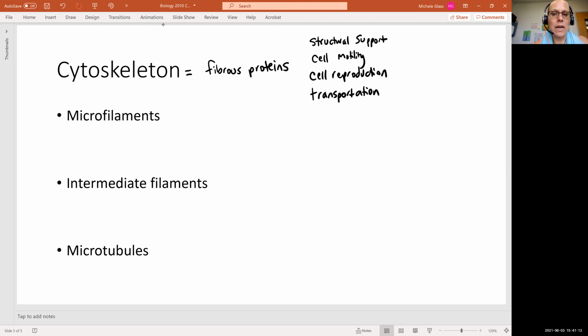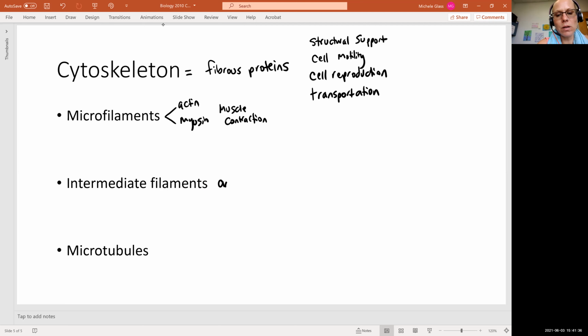We have 3 different types of fibrous protein filaments. So we have what's called the microfilaments, and here we're going to see actin and myosin, and these are going to be huge in muscle contraction. So we're going to come back and talk about these a lot in the future.